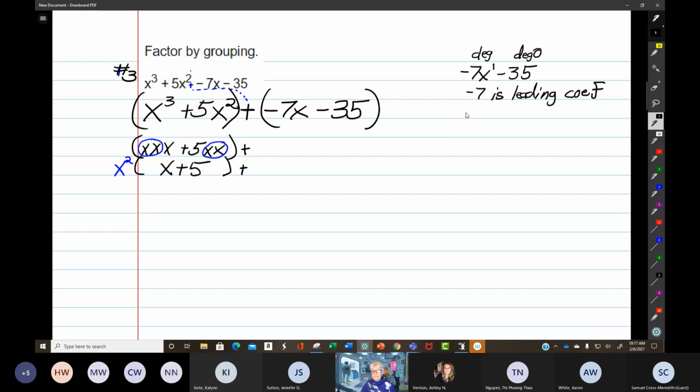-7 is negative. Pretty perceptive of me. So the GCF for this set of parentheses is going to have to be negative.